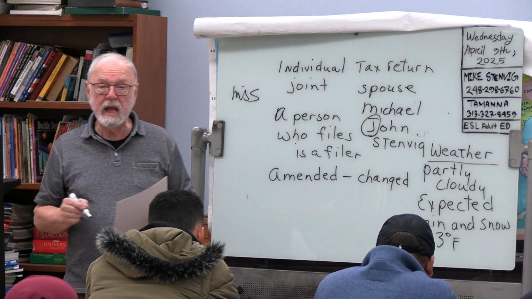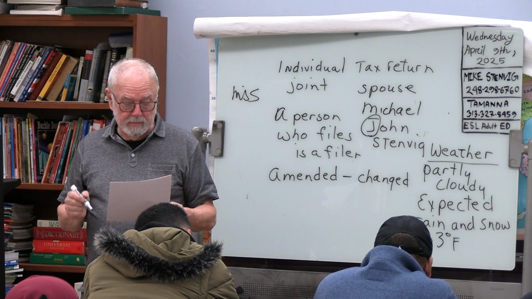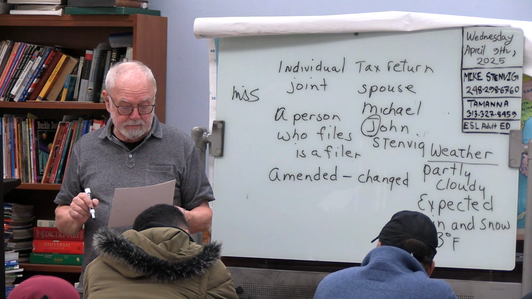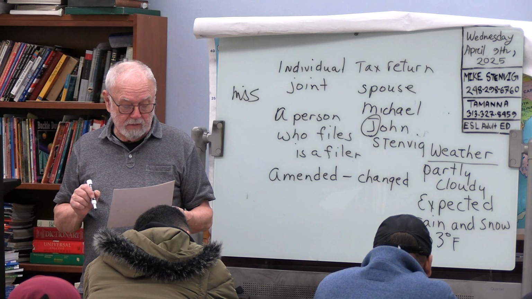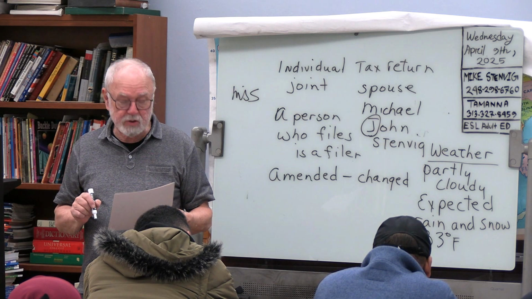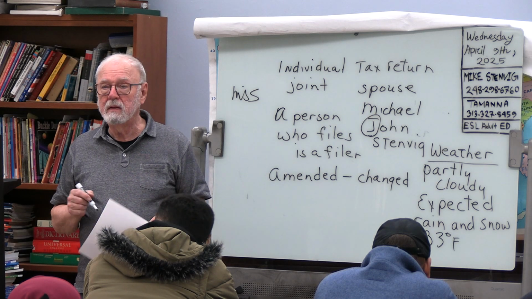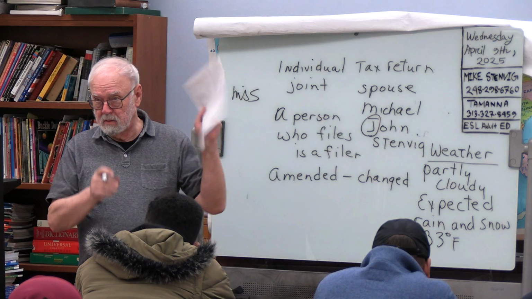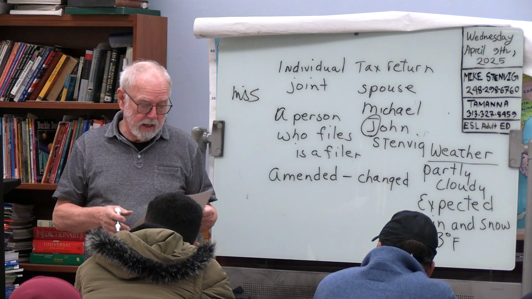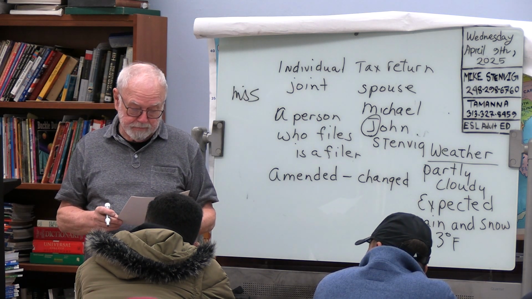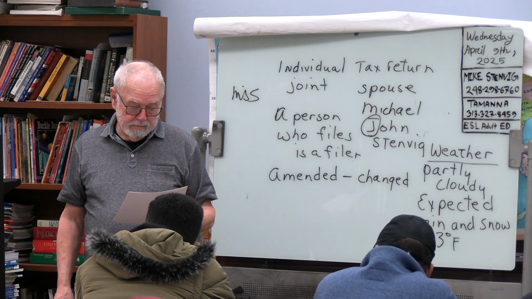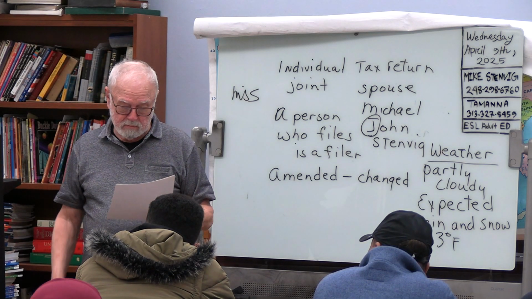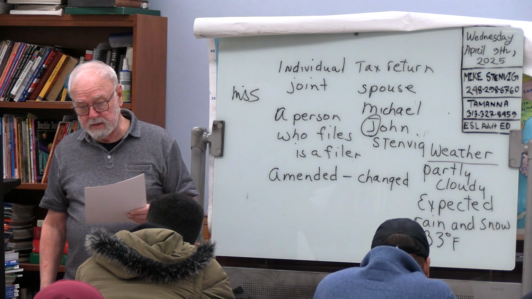It says check if for you and your spouse. A is for yourself and B is for the spouse. If you want $3 of your taxes to go to this fund. That doesn't mean you have to pay. It means that the government has to pay to the campaign fund. You don't have to worry about that. If you don't check it, it's fine.